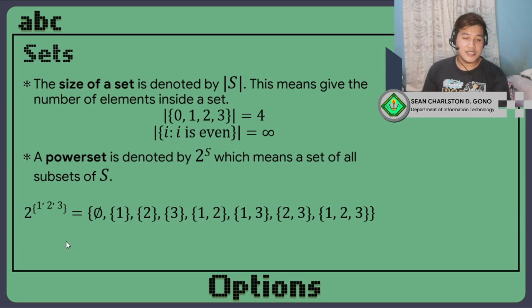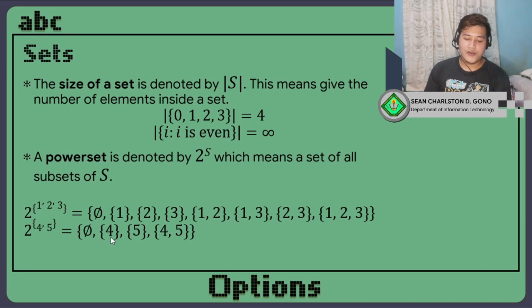All the possible sets inside {1, 2, 3} are the empty set, {1}, {2}, {3}, {1, 2}, {1, 3}, {2, 3}, and {1, 2, 3}. Because again, you can have a subset that has the same numbers. What if we have a set {4, 5}? The power set of {4, 5} is the empty set, {4}, {5}, and {4, 5}. So those are the things that you have to consider when it comes to sets.